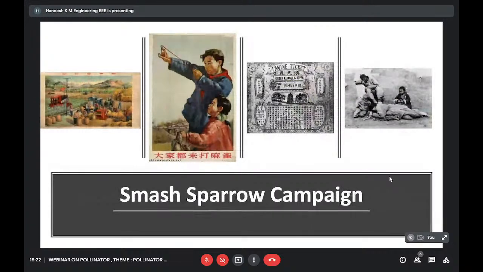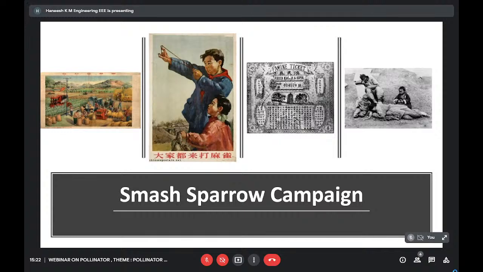These are some pictures from that campaign against the sparrows. Some of the pictures I had taken from the website. They were planning for a situation where there would be a lot of food, but in actual conditions they reached famine and death. In between they were killing all the sparrows wherever they were found.